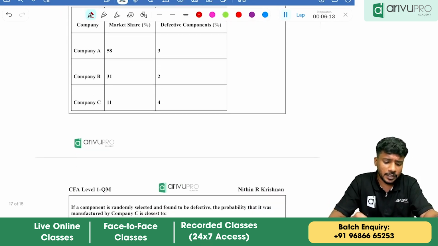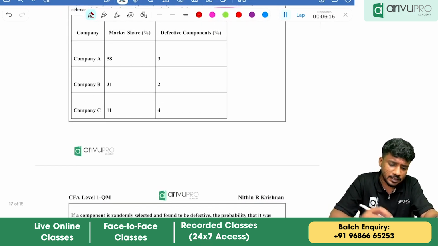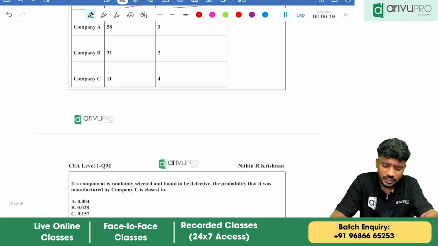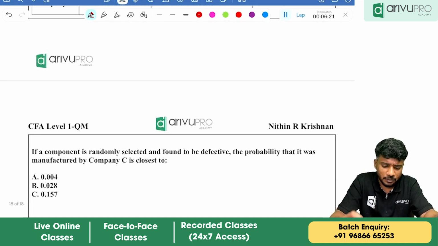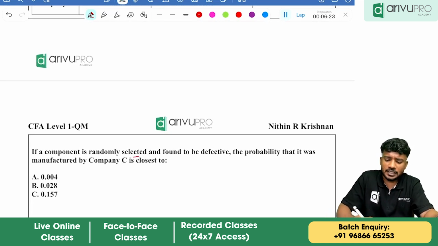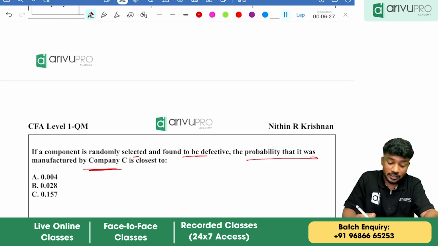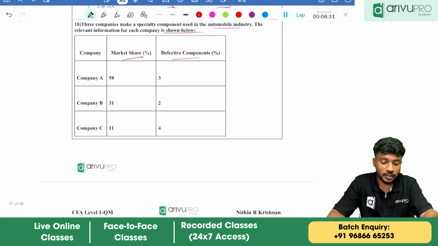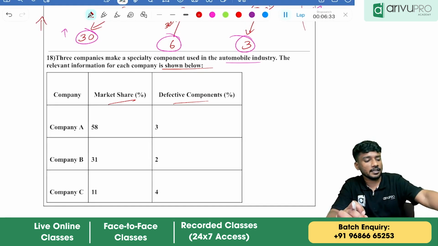Company A, company B, company C, everything is there. Then the market share is given, percentage of defective product is given, everything is given. Then if a component is randomly selected and found to be defective, the probability that it is manufactured by company C is closest to how much? Okay, have a look at it and try to get me that.